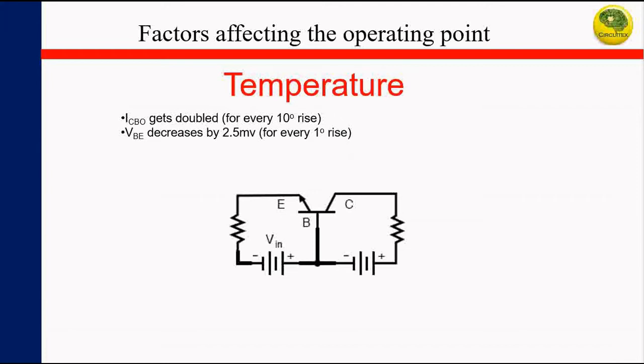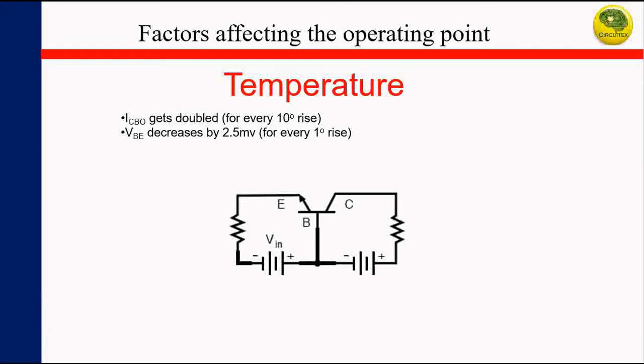Here the current ICBO, that is the collector base current, gets doubled for every 10 degree centigrade rise in temperature, and the voltage VBE, that is the voltage across the base and the emitter region, decreases by 2.5 millivolts for every 1 degree rise in temperature. So this is the relation of temperature with the current and the voltage.